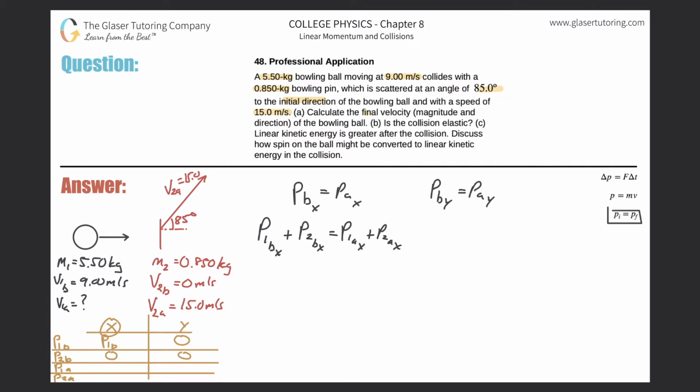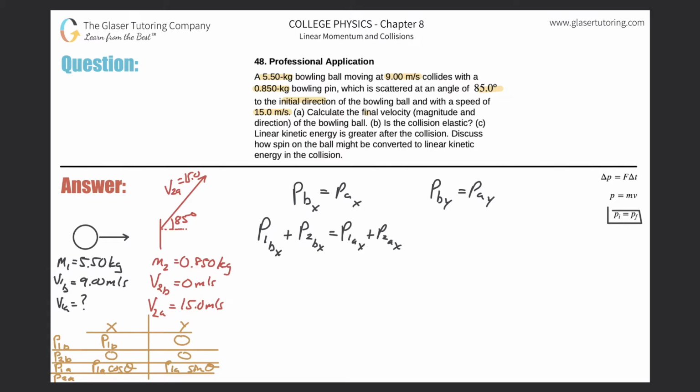You should be noticing the pattern by now: if we're measuring the angle with reference to the x-axis, cosine correlates with x components and sine correlates with y. So I'm going to write P1a cosine of theta. That would be the x component. And I don't know what the angle is. And then the y component would be P1a times the sine of theta.